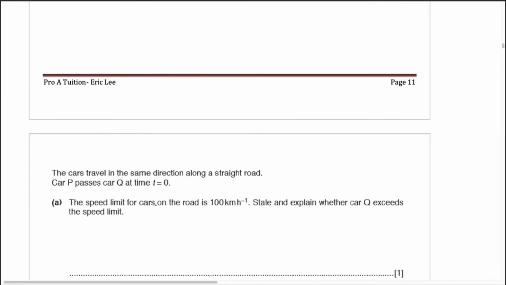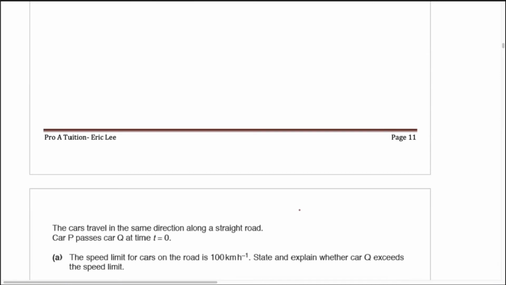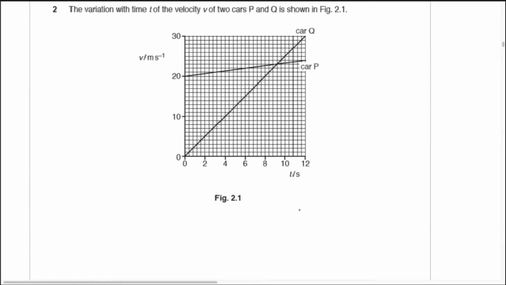So the speed limit for cars on the road is 100 km per hour. State and explain whether car Q exceeds the speed limit. Okay, so in order to determine whether car Q exceeds the speed limit, what we need to do is look at the graph again.